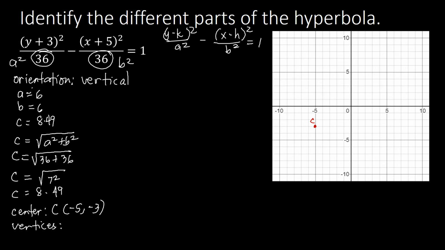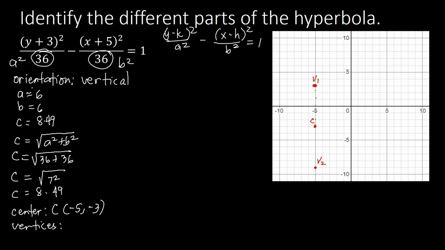So from the center, we count 6 units. So we have 1, 2, 3, 4, 5, 6. This will be our vertex 1. Next, we will be counting 6 units as well from the center going down. So we have 1, 2, 3, 4, 5, and 6. So this will be our vertex 2.